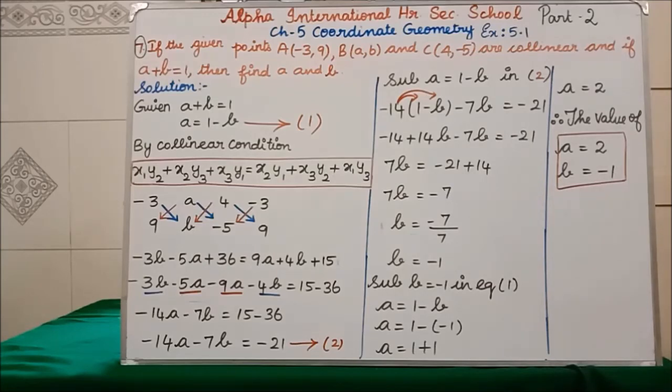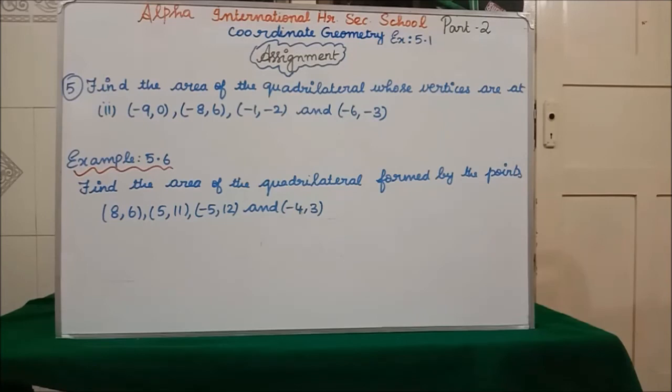Thank you students. In the part 2 video, these are your 2 assignment problems. In exercise 5.1, fifth question, second subdivision is your assignment, and example 5.6 is your assignment. Students, both the questions are the same model, same concept. What is that? You are going to find only the area of a quadrilateral.